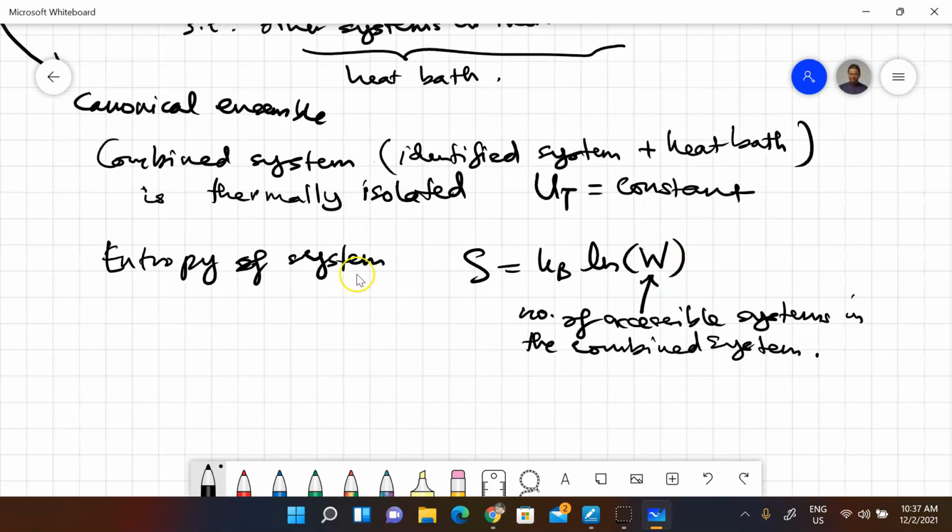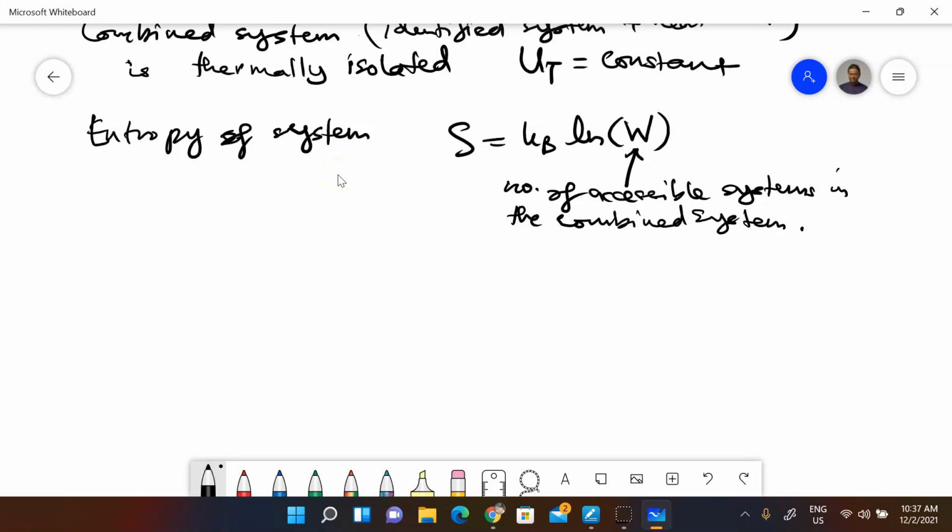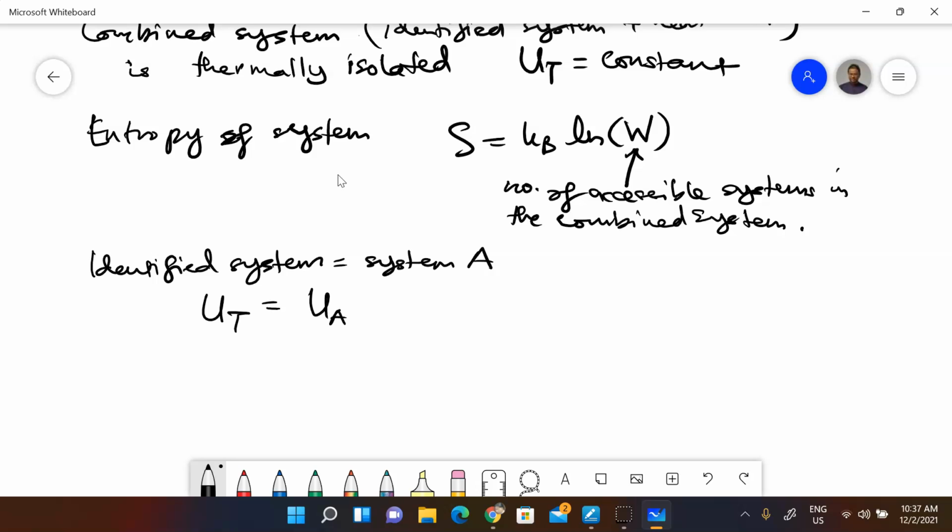So let's name the identified system to be system A. Okay, and then your total energy is given by the energy of the system A plus the rest, which I write as the heat bath here. So this is like your energy of heat bath or reservoir.